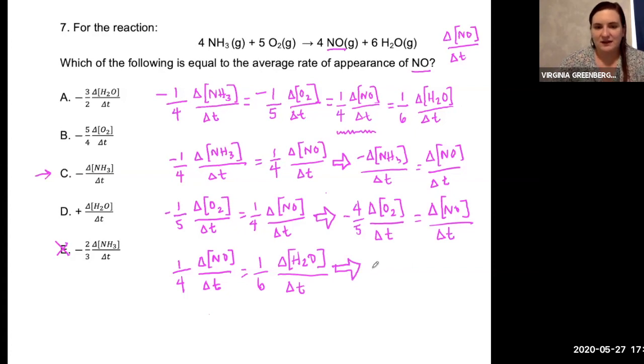And so we would see that we'd have 4/6 delta H2O over delta T equal to delta NO over delta T.